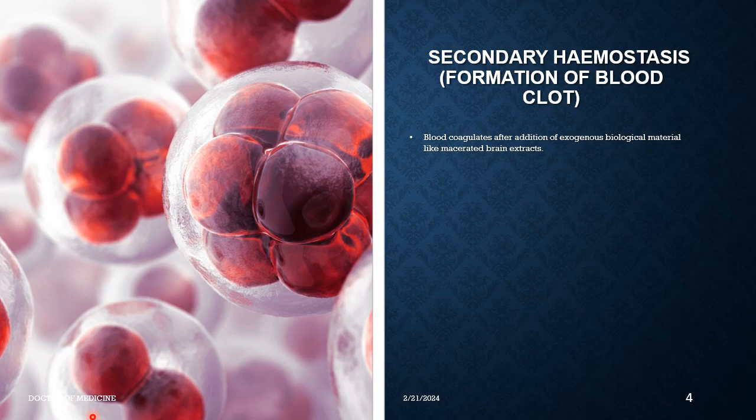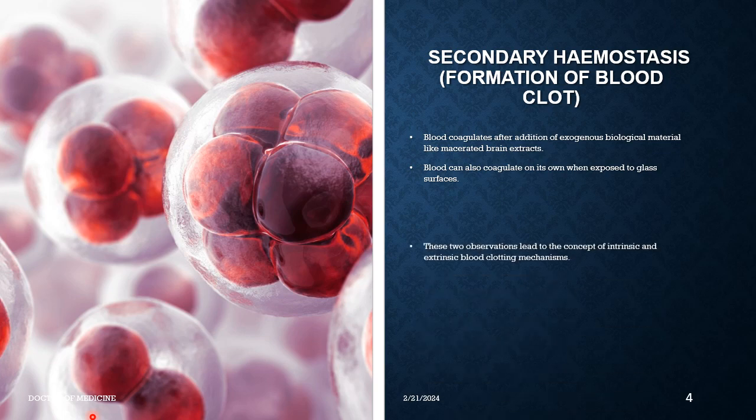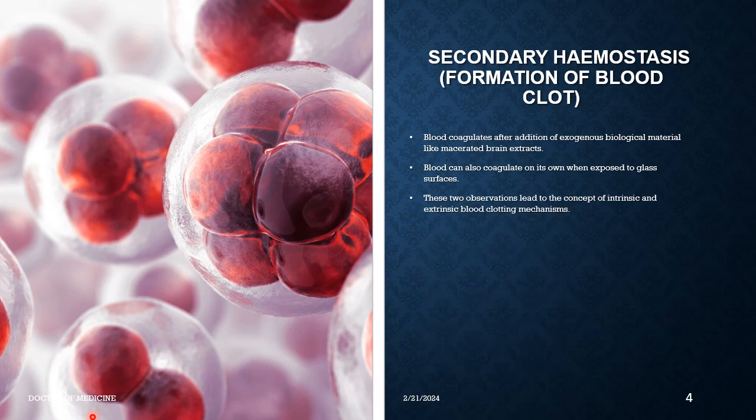Blood also coagulates when it comes into contact with surfaces like glass. All right, so these two observations were key in the formulation of the two pathways that are involved in the clotting of blood, which we call the intrinsic and the extrinsic pathways.